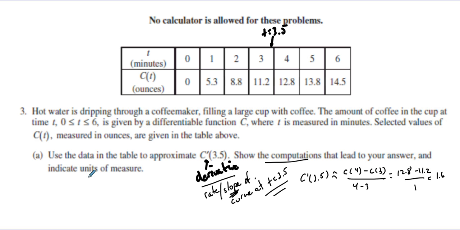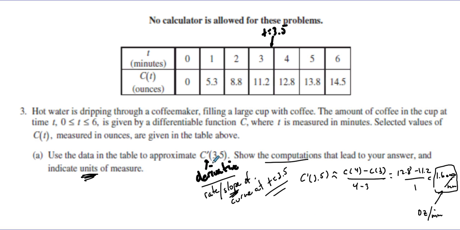We have to make sure we indicate our units of measure. Since it's a slope, we have c, which is ounces, per minute, ounces per minute. And that is our answer, 1.6 ounces per minute.